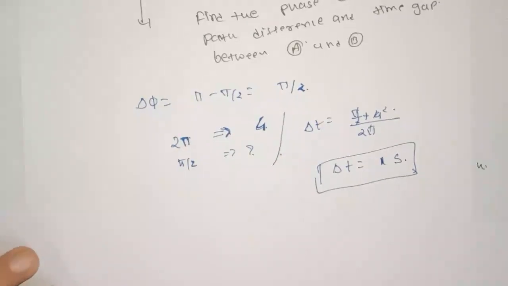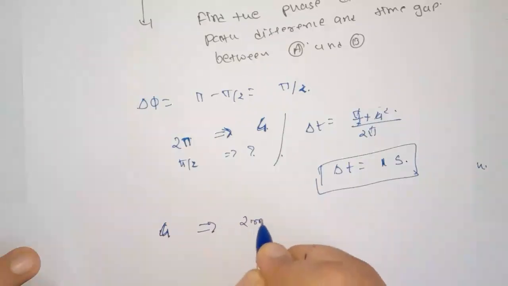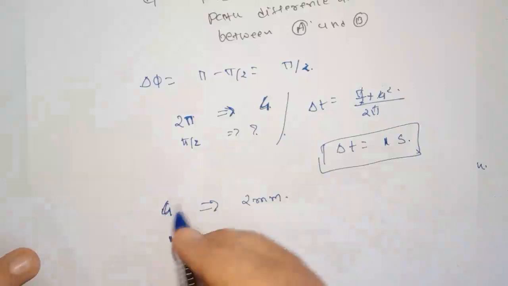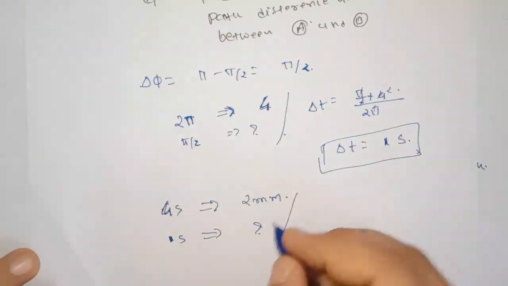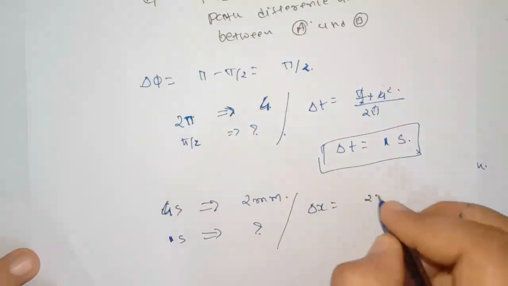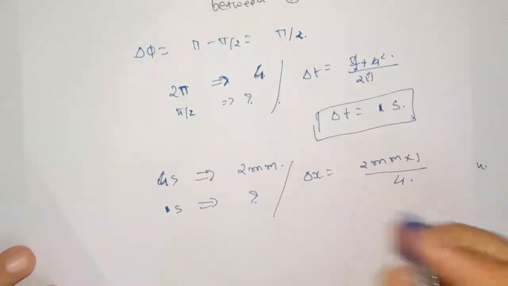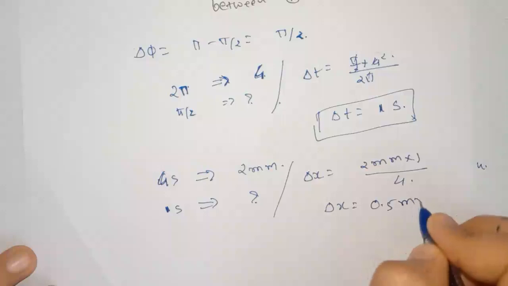Now for time gap 4 seconds, the path difference is 2 mm. Then for time gap 1 second, the path difference delta x will be 2 mm into 1 divided by 4. So delta x will be equal to 0.5 mm.